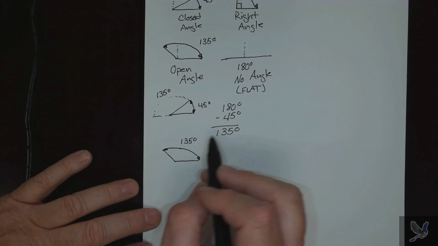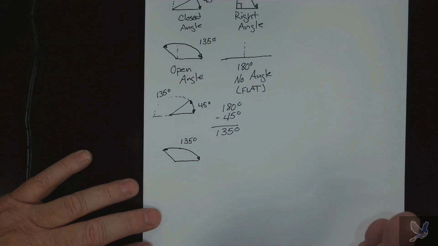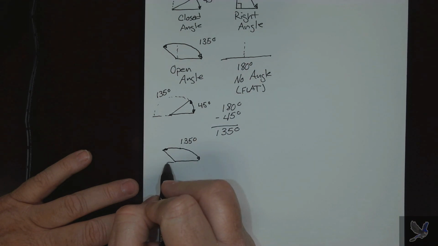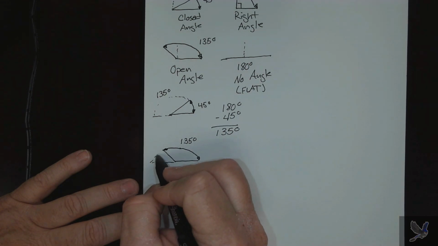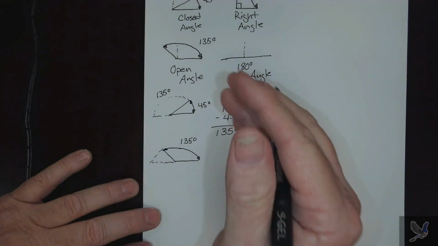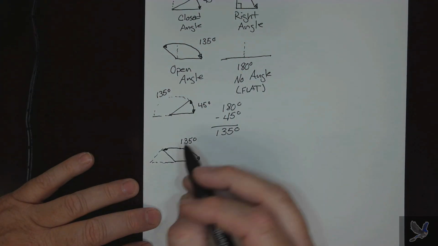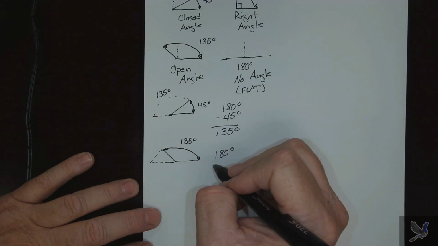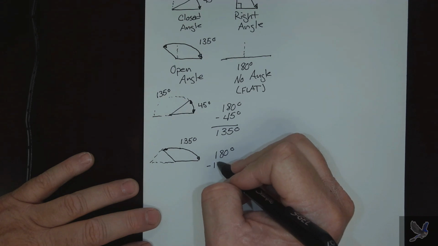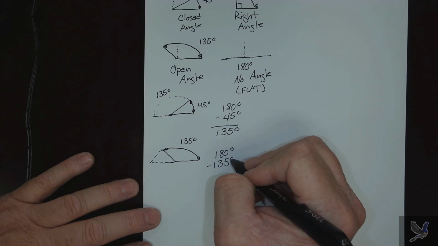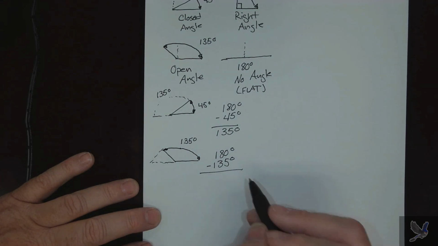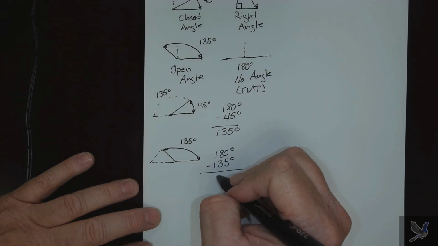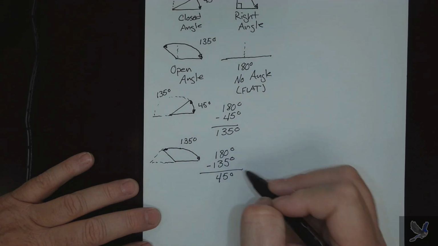The FAA is going to want to know, in order to achieve an open angle of 135 degrees, how many degrees were we required to bend? Once again, we'll set our flat at 180 degrees. We're going to subtract 135 degrees. And in this case, we're going to end up with, guess what, 45 degrees.